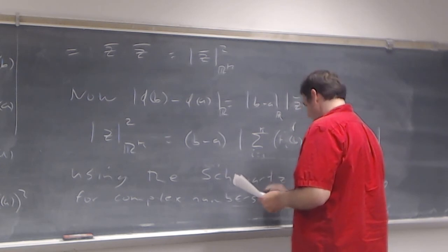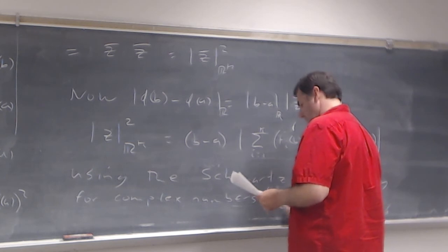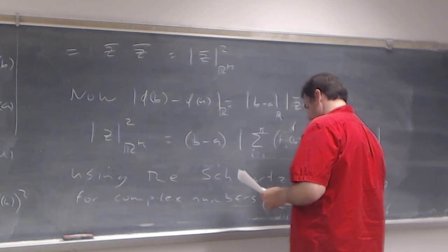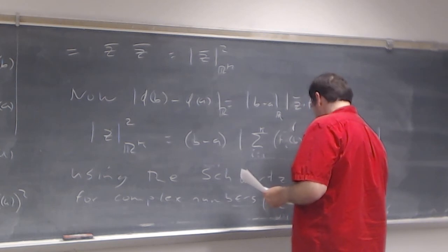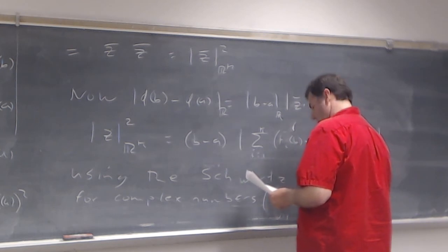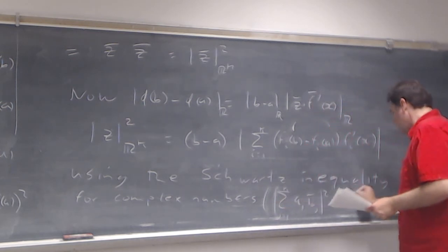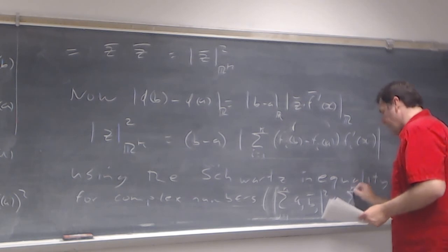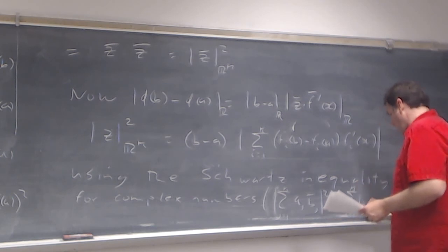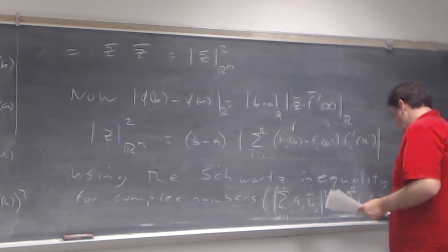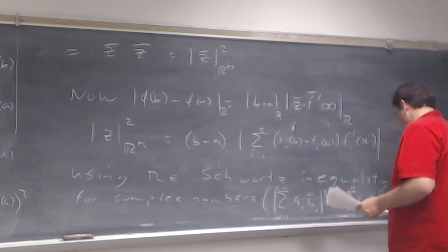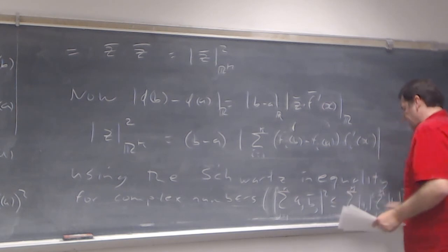It says that the sum as j runs from 1 to k of a sub j times b sub j conjugate, inside the absolute value being squared, is less than or equal to the sum as j runs from 1 to k of the absolute value of a sub j squared, times the sum as j runs from 1 to k of the absolute value of b sub j squared. Okay, that's what it says.